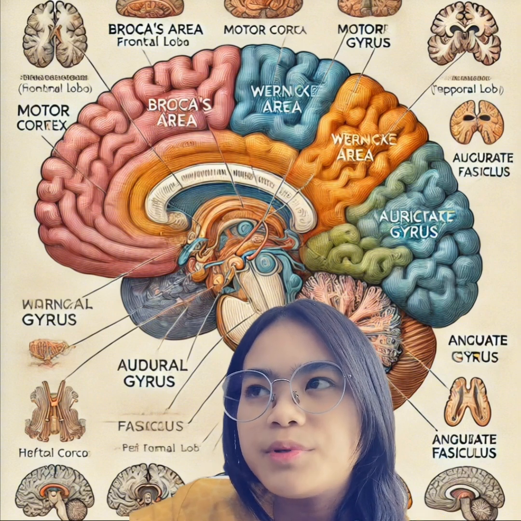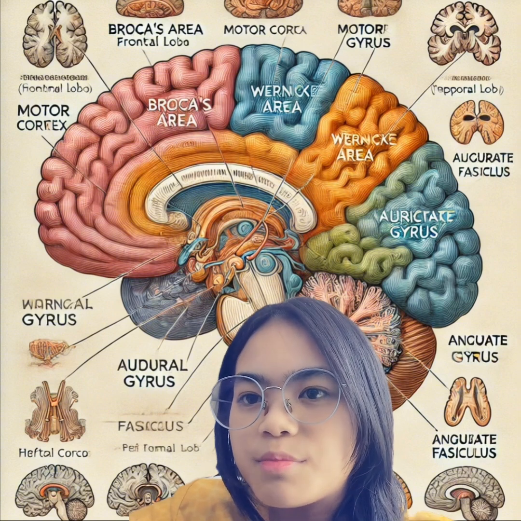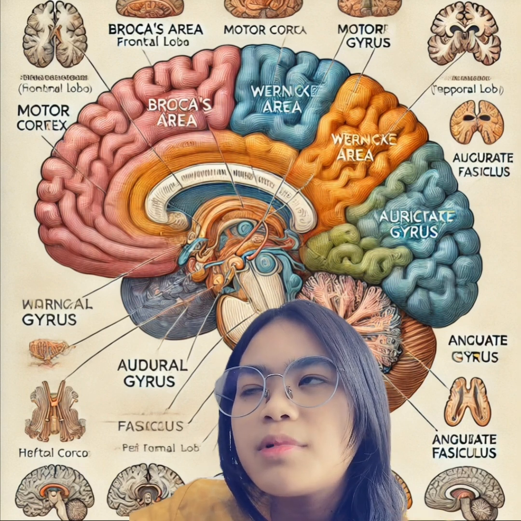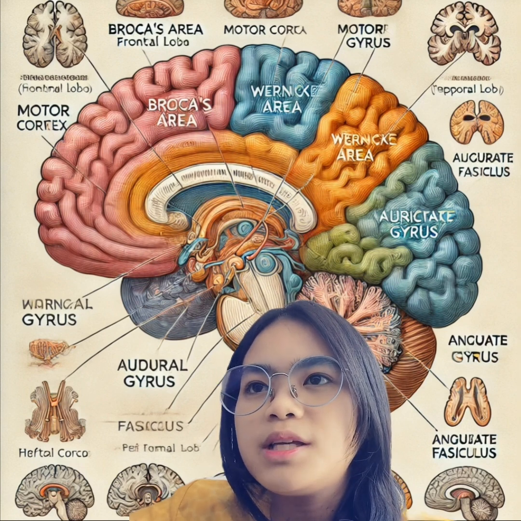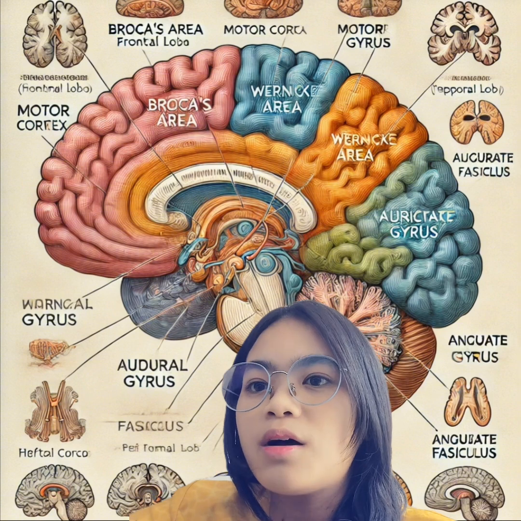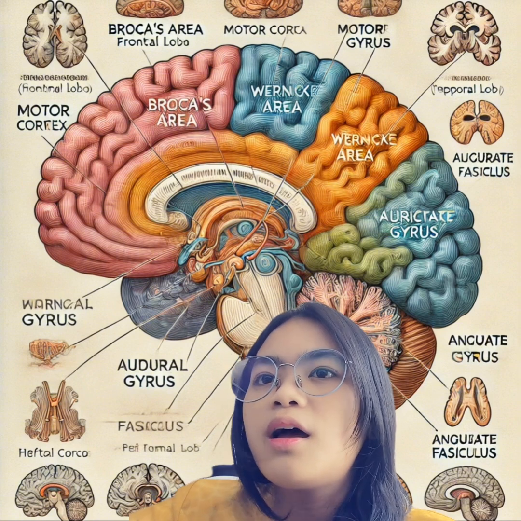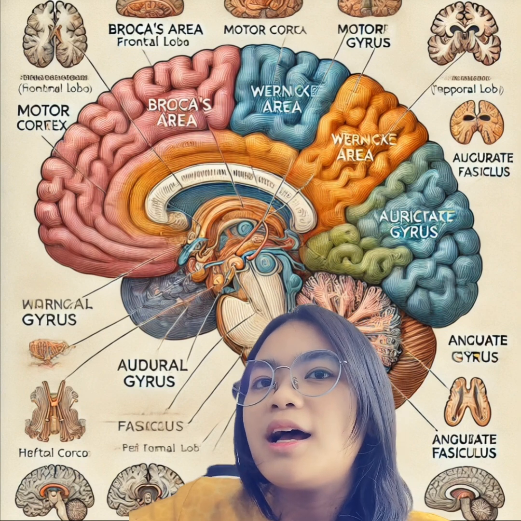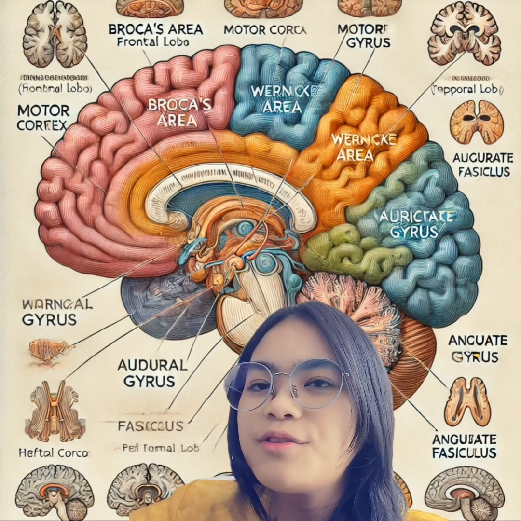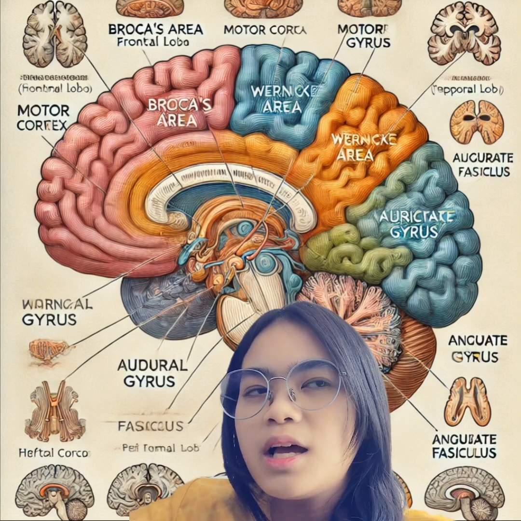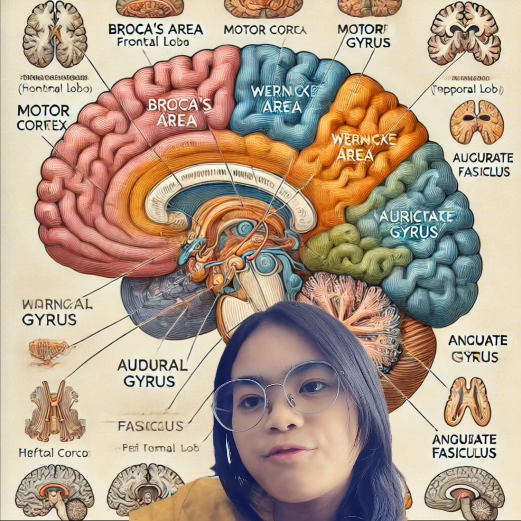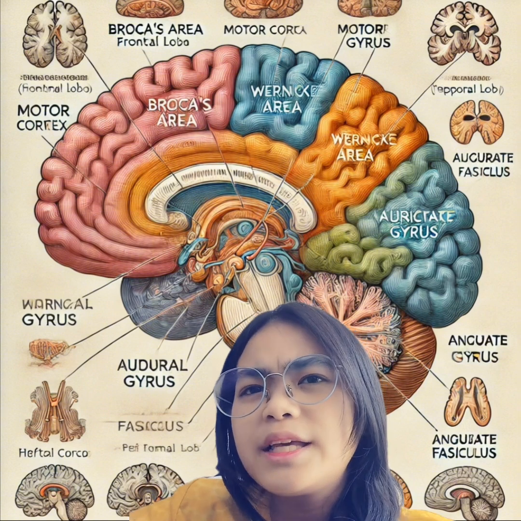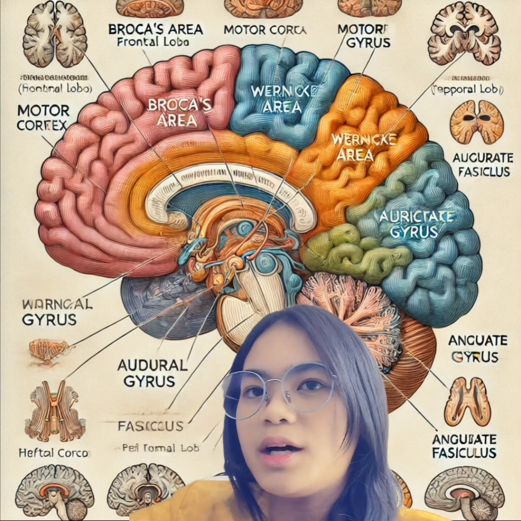For example, if this area is damaged, Broca's aphasia, a person may struggle to form complete sentences, saying "want food" instead of "I want to eat some food." The interesting fact about this is people with Broca's aphasia often know what they want to say but can't physically get the words out.